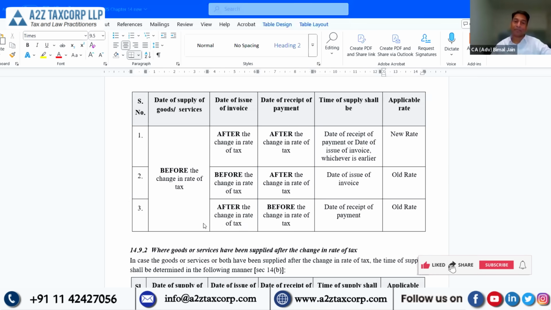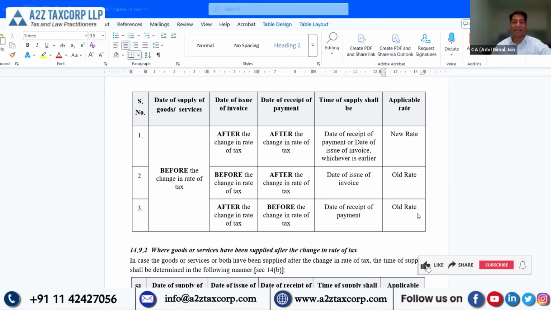Third situation: you have supplied prior to 22nd September, but you are raising the invoice after 22nd September and getting paid before 22nd September. So 2 out of 3 are prior to 22nd September, and your old rate is applicable. Now look at the scenario which is most critical.